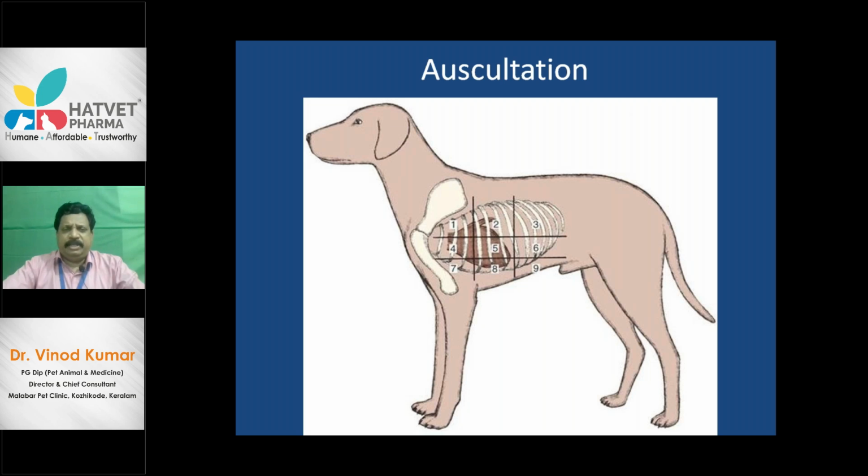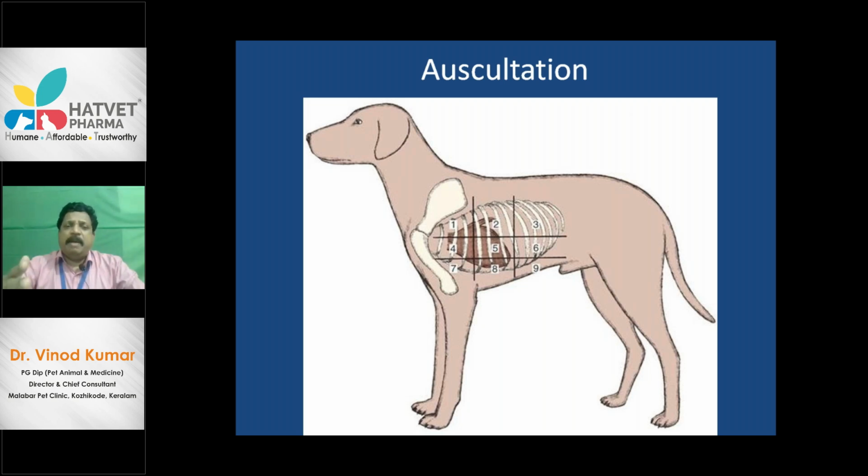What I used to do is, for chest auscultation, for lung auscultation, it is better we divide the whole chest area into 9 compartments. The upper 3 compartments, the middle 3 compartments, the lower 3 compartments. So we can name these compartments also, on the left side and the right side.